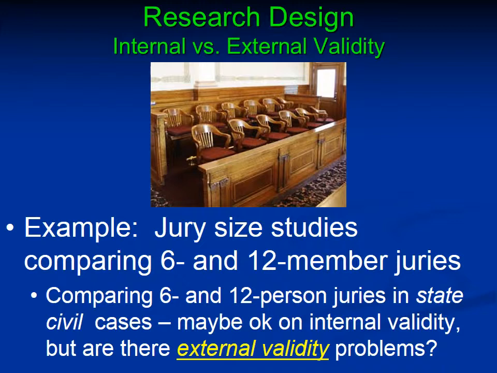There might be great internal validity, at least from what we know so far. Now, I should throw in here that on this internal validity front, we are still going to want to look at whether the cases were all from one state, which might be preferable, or at least whether the cases were all from states that we could argue were very similar on as many characteristics as possible. So all of those things are going to affect internal validity.